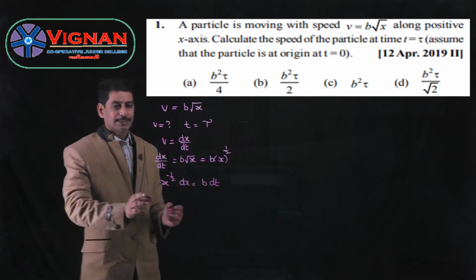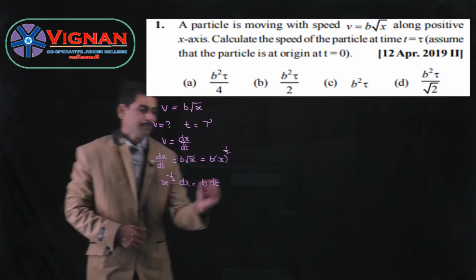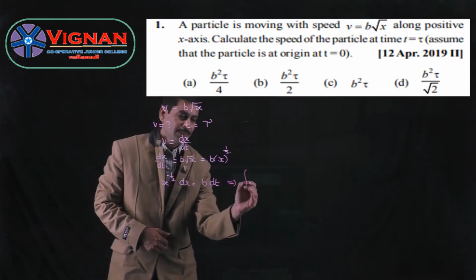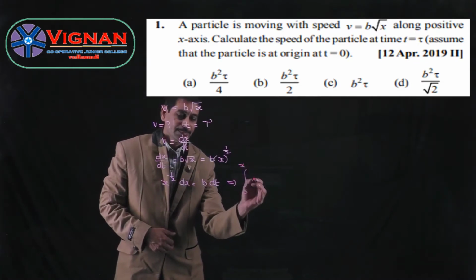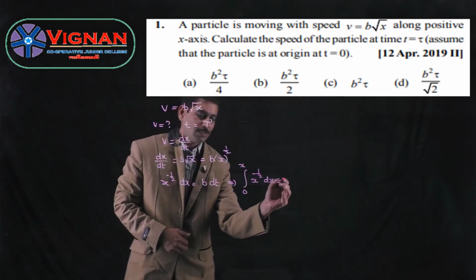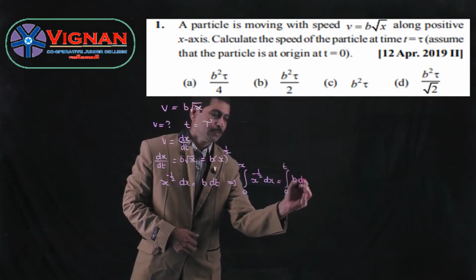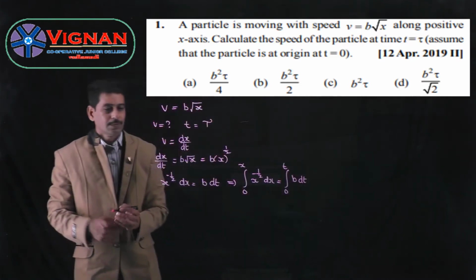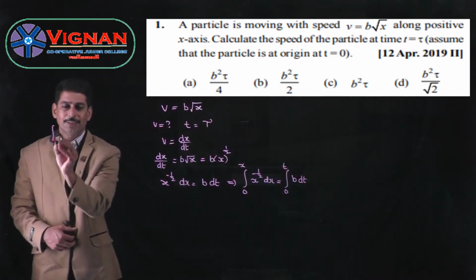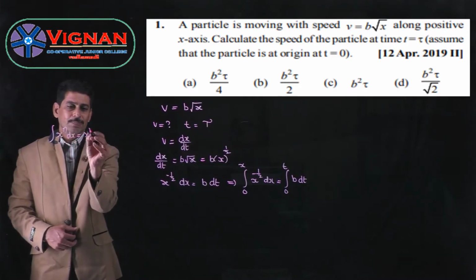Now let us integrate this on both the sides. Then we get integral of 0 to x, x power minus 1 by 2 dx is equal to integral of 0 to t, b into dt. So we know the formula for integration, which is x power n dx is equal to x power n plus 1 by n plus 1.